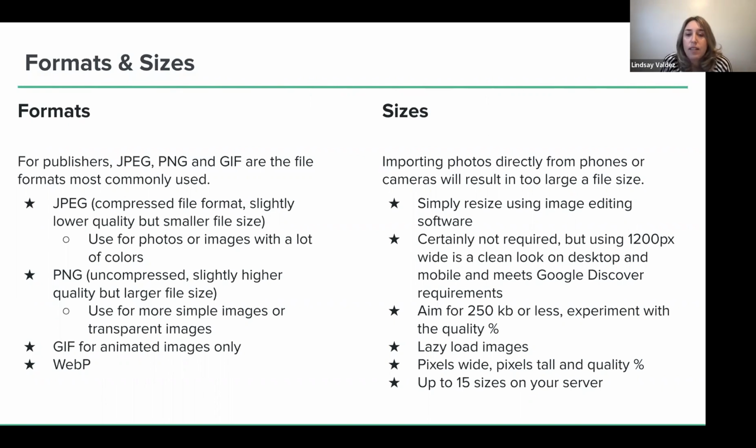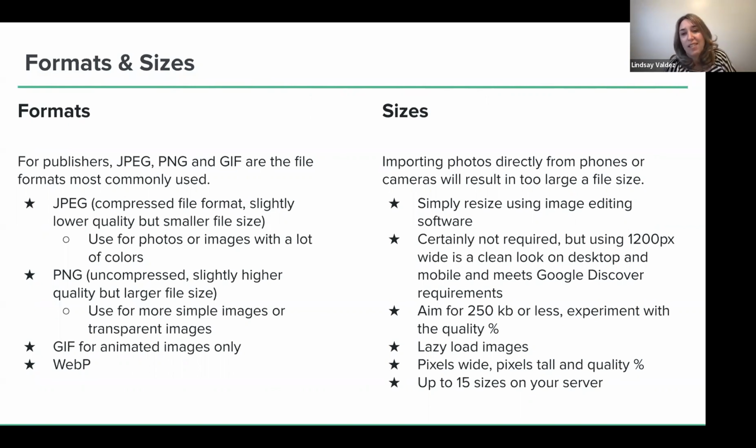And then for sizes, this is one that's possibly done and adjusted automatically for you, but a constant topic of conversation is how images should be sized. Last session, I mentioned that if you're compressing images, a good size is 1200 pixels wide as a benchmark.